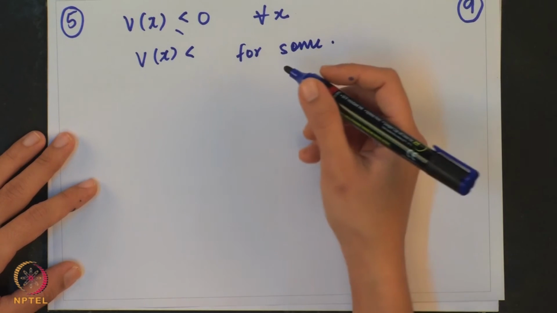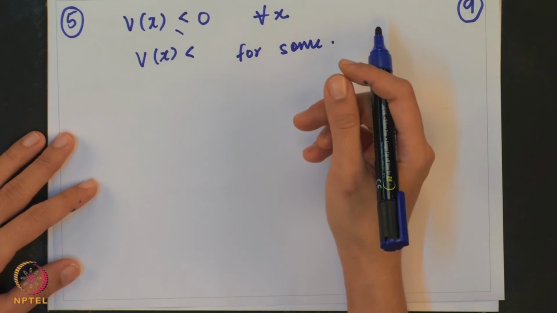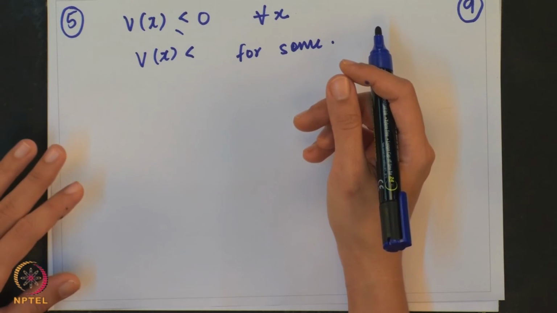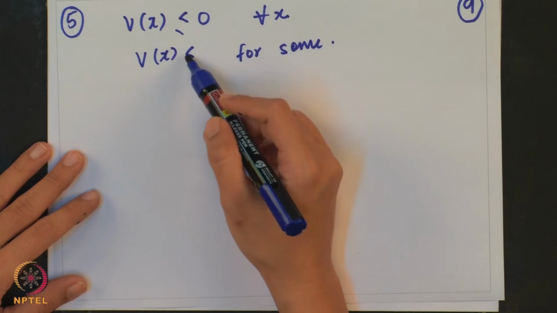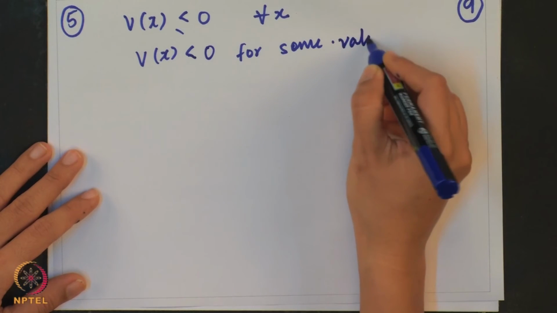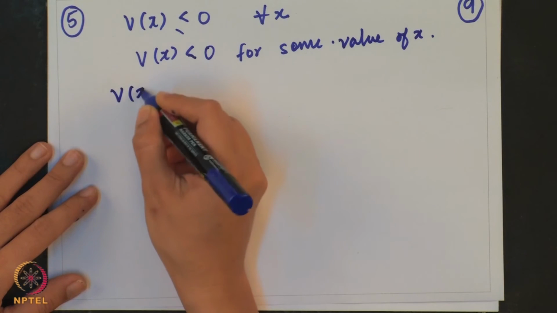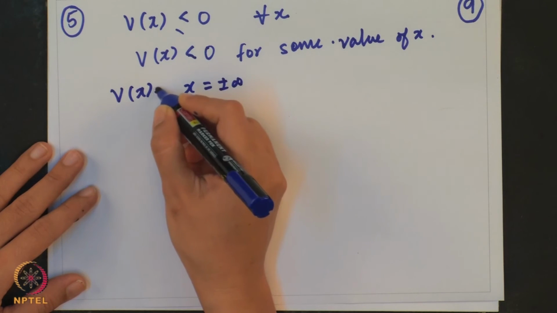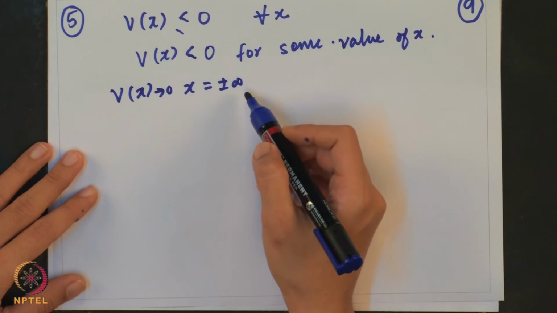By an attractive potential, we mean a piecewise continuous function V of x such that V of x is less than or equal to 0 for all x, and less than 0 for some value of x. We know that V of x vanishes at x equal to plus minus infinity.